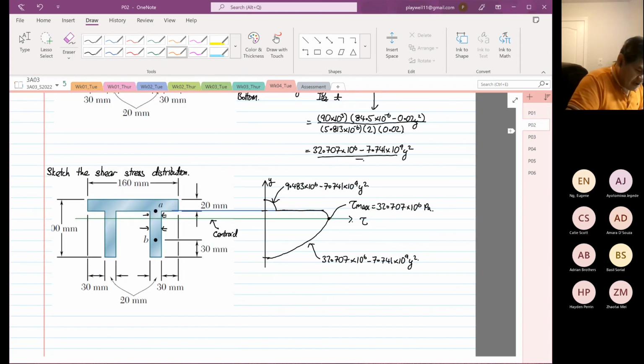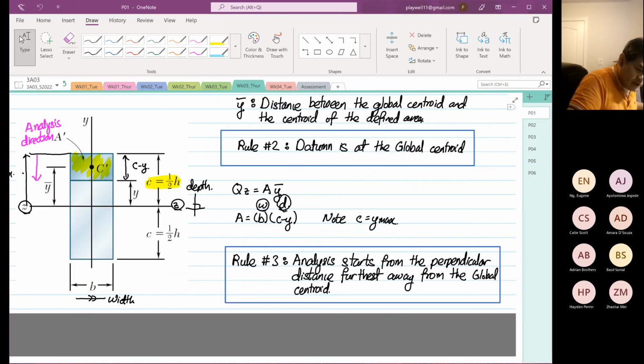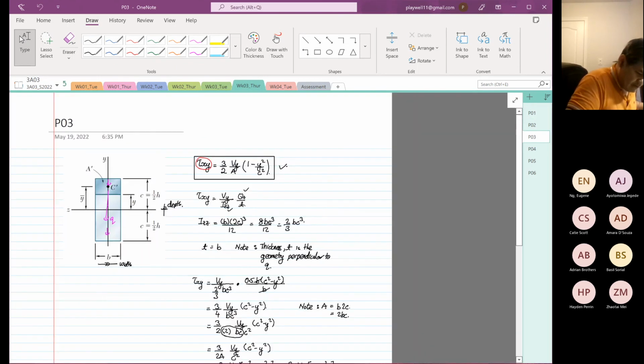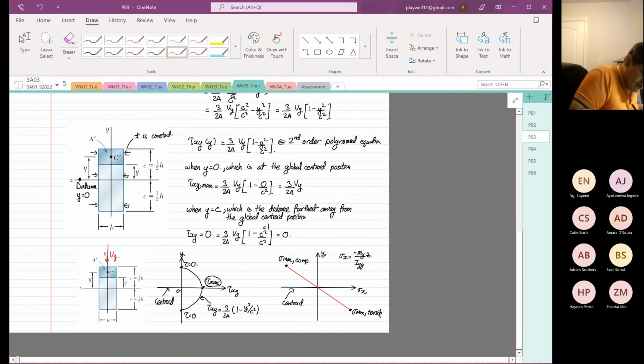Like for this example that I've shown you, it happened to be at the centroid where the shearing stress is maximum. And when we derived this equation last week, the maximum is also at the centroid.